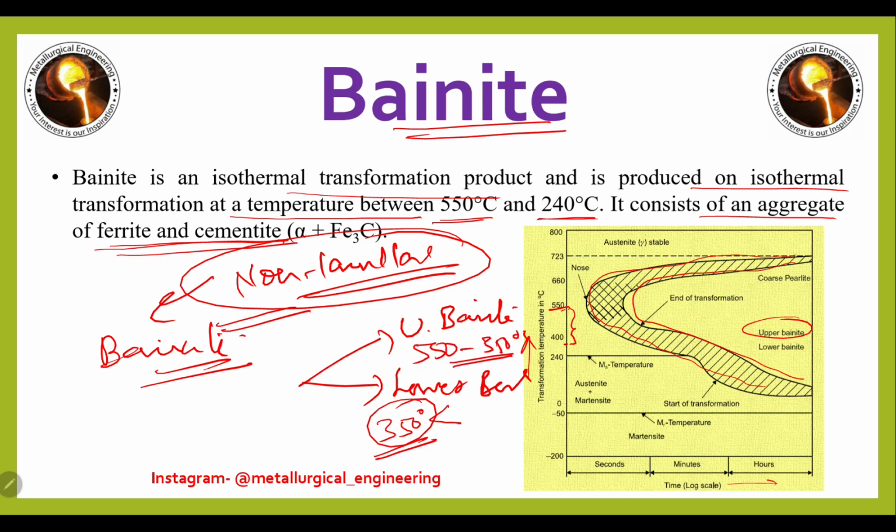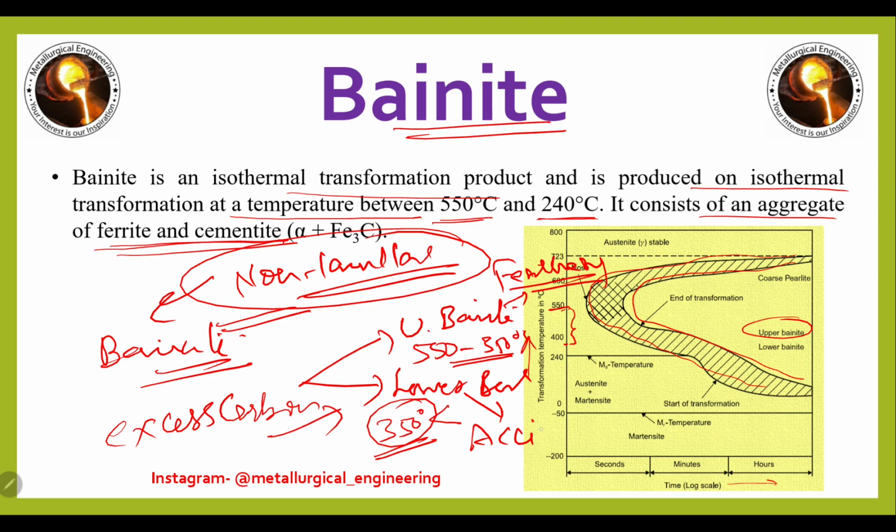In both upper and lower bainite, the ferrite units grow by rejecting the excess carbon into the surrounding regions, where the carbide eventually nucleates in order to give the bainitic transformation. So the upper bainite has a structure of Fe3C, and lower bainite is acicular.